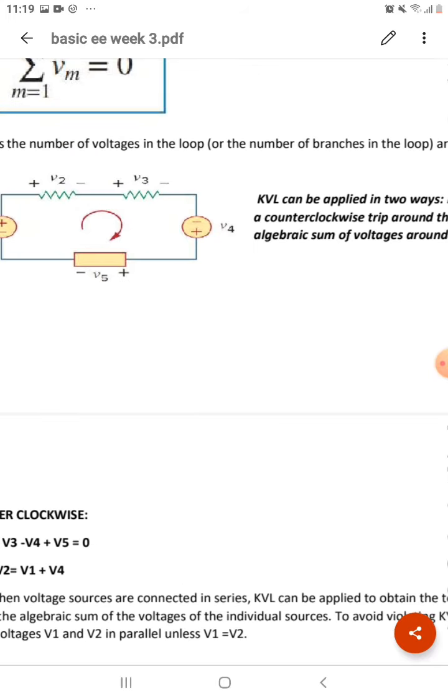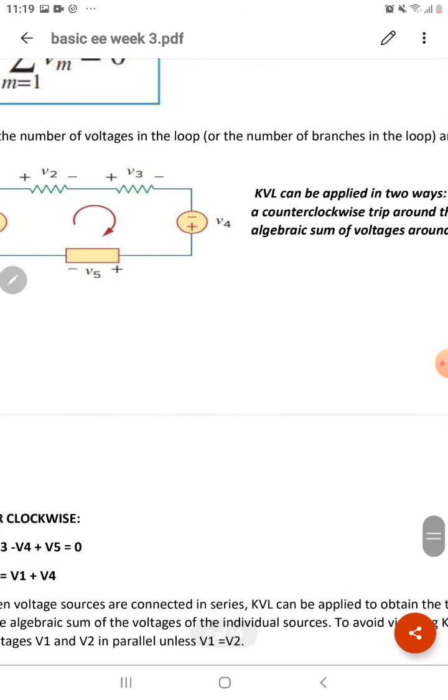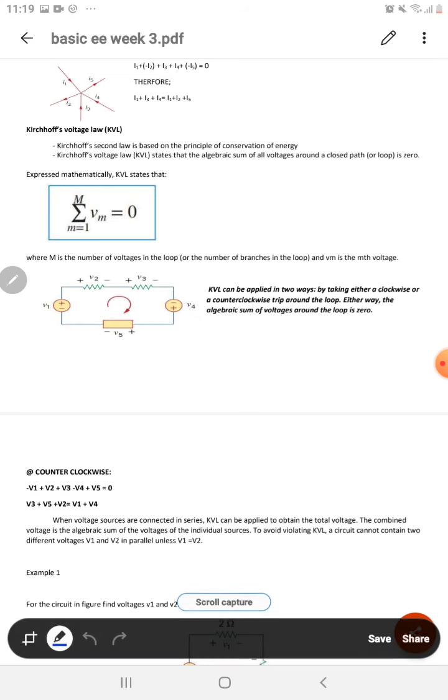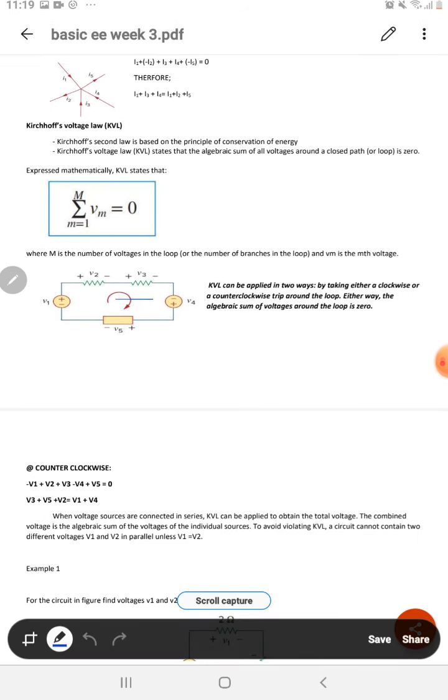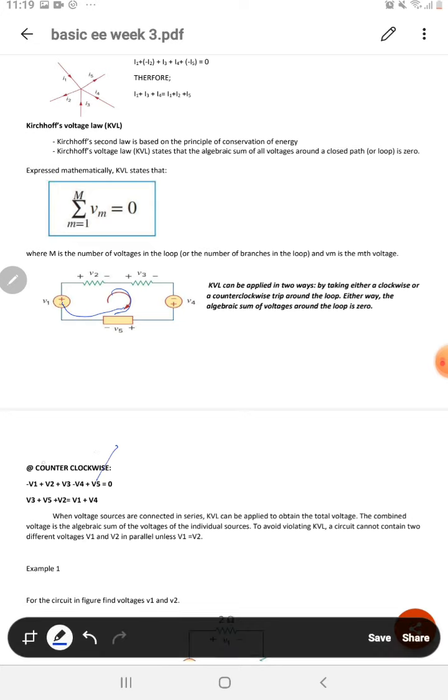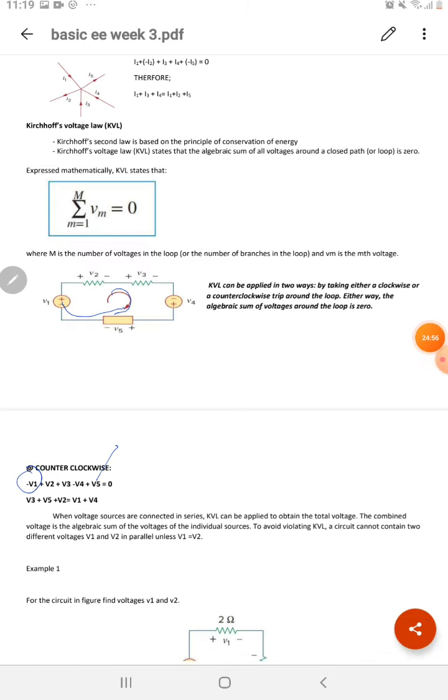Pag nag-assume siya na, dito yung positive mo, at hindi yung negative mo, so therefore, pwede kong isulat yan. Papasok sa negative, pumasok siya sa positive V5. Okay, yan. And then, pumasok siya sa negative V1. Ito. And then, yung loop mo papasok sa positive V2, so positive. And then, papasok sa positive V3, so positive. And then, pumasok sa negative V4 is equal to 0.